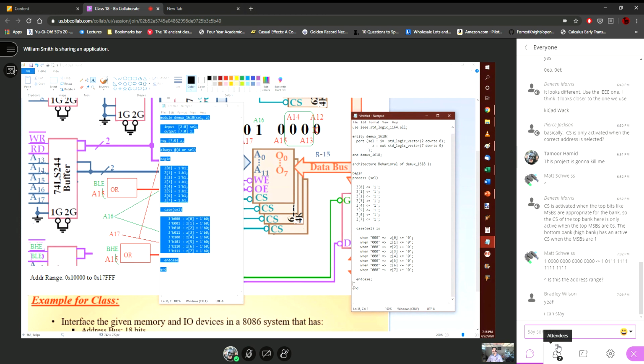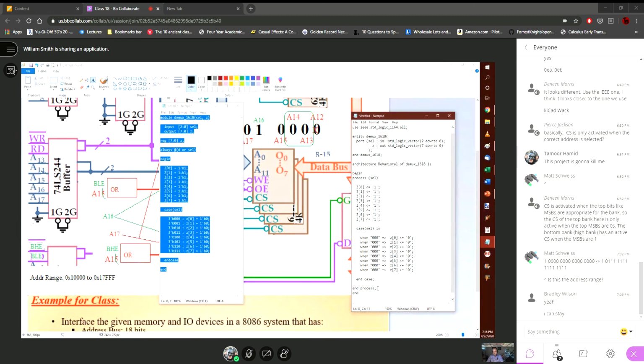And we're going to have to come back over here. I'm going to say end process, leave with a semicolon. I need a space there for the end case, end space case. And then we're going to have end behavioral. I get the semicolon, I think so.